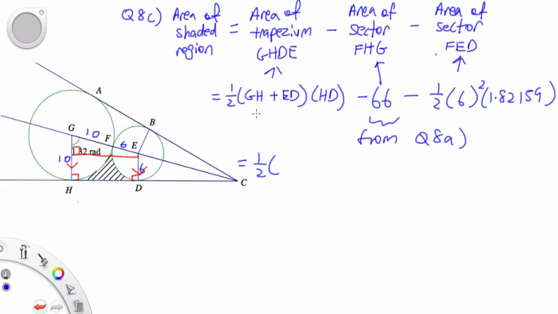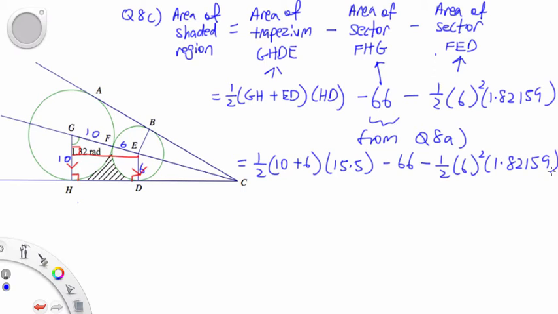GH is actually the value 10. Length of HD is 15.5, minus 66. Use your calculator to press, you will get 25.2 cm squared, to 3SF. So this is your working for question 8C.